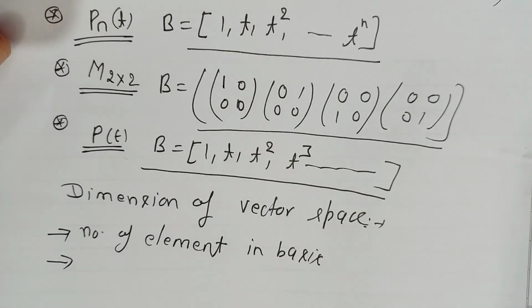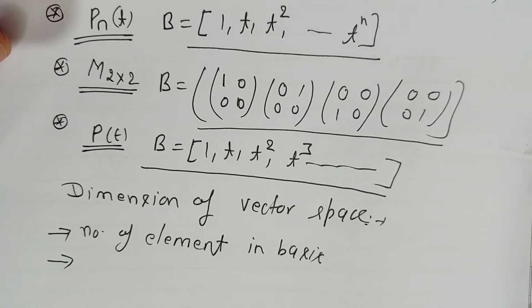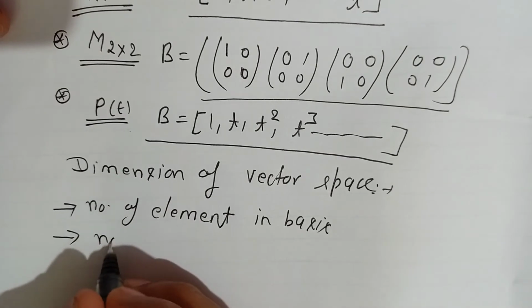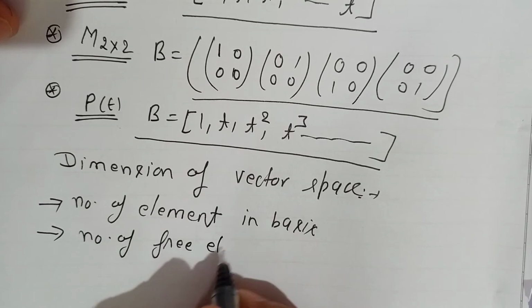Or we can say it is the number of free variables, free elements in the vector space.